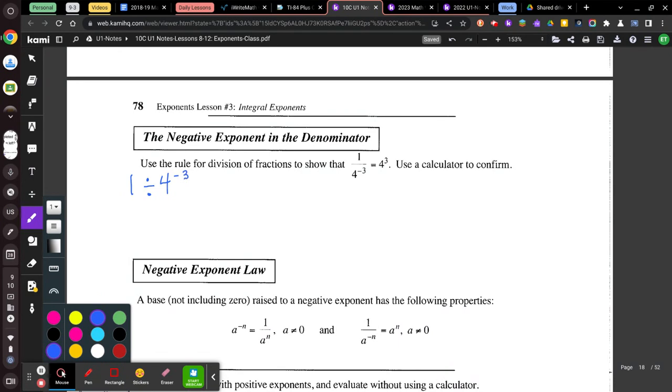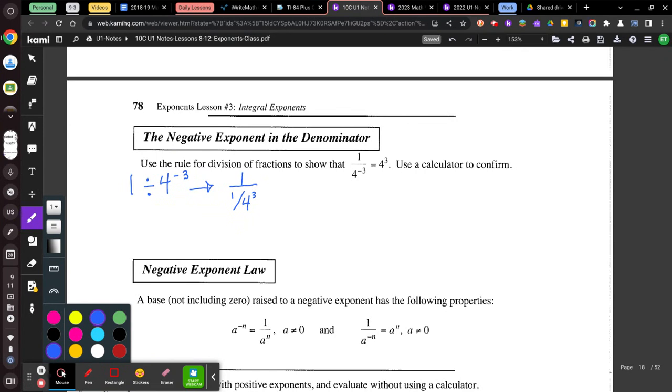So if I were to divide that, now this guy here is an actual negative exponent. So I would say this is equal to 1 over 4 to the positive 3. Okay? So I'm flipping him.